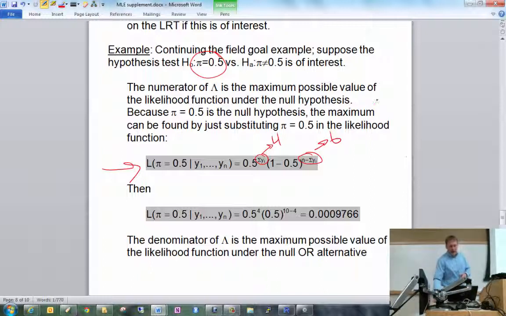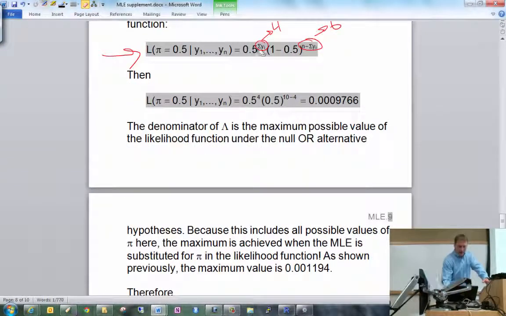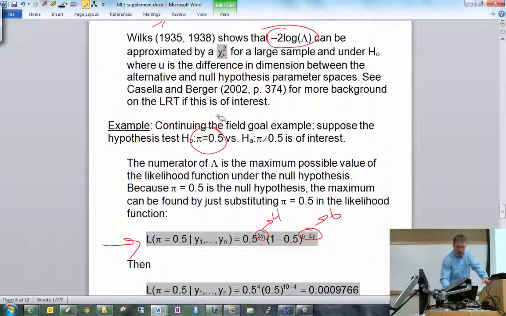Well, what's the denominator then? The maximum possible value of the denominator, assuming either H0 or HA is true. So what's the possible range for pi now? What's my restriction on pi? 0 to 1. Okay, well that's, any kind of probability, that's the restriction. So essentially I don't have any restrictions at all on pi if H0 or HA is true.